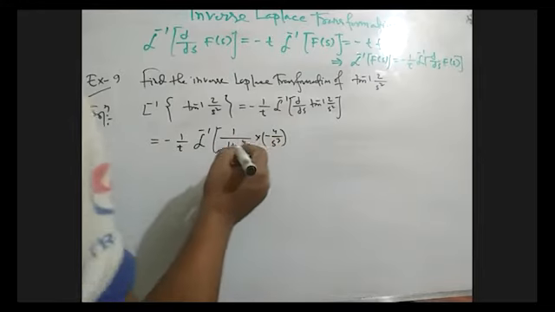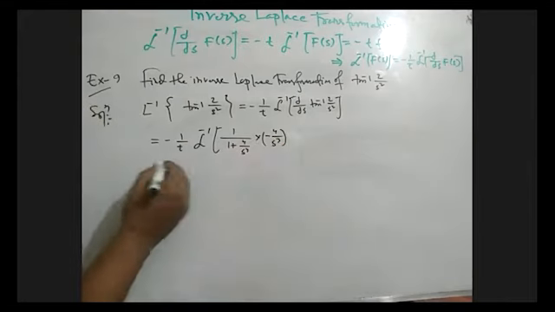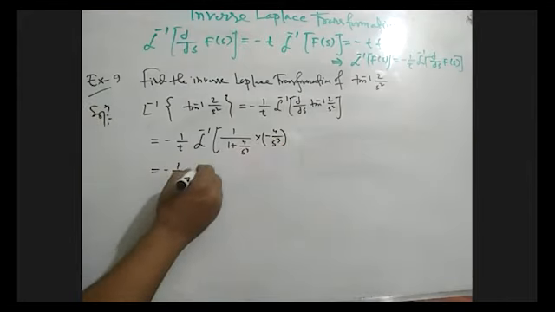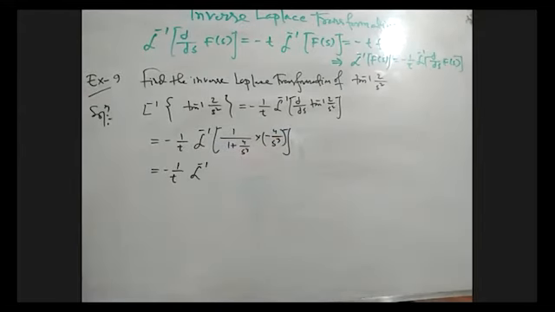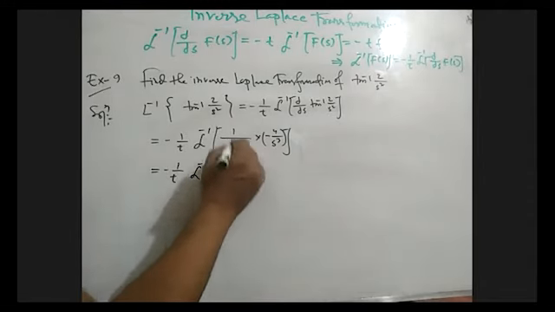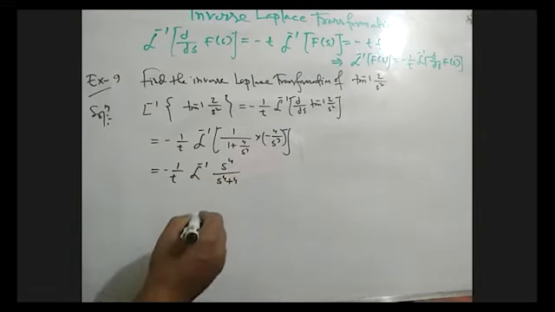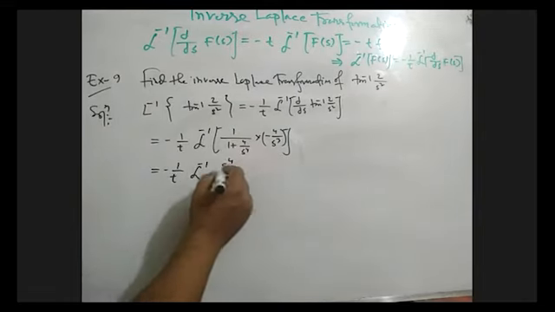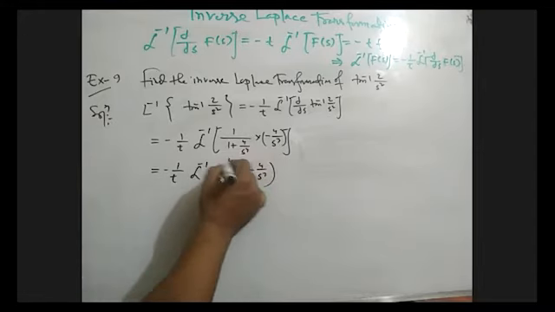So this equals minus 1 by t inverse Laplace transformation of s to the power 4 over s to the power 4 plus 4, times minus 4 by s cube.